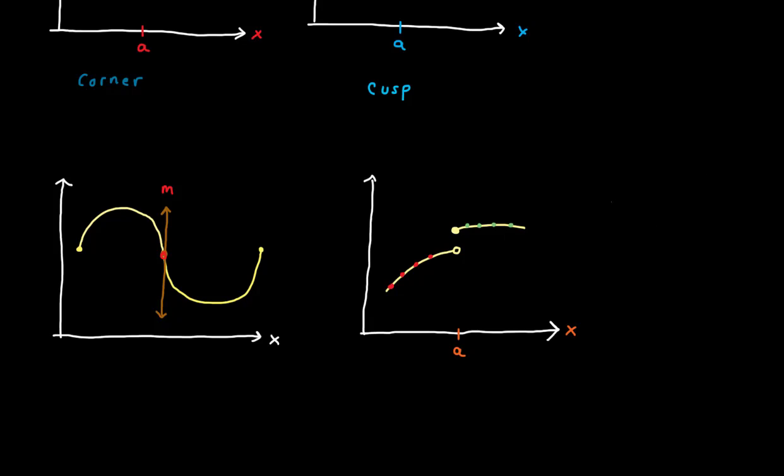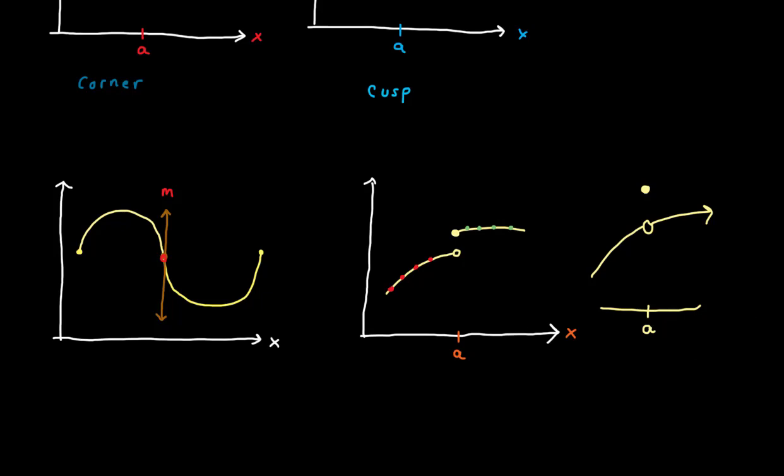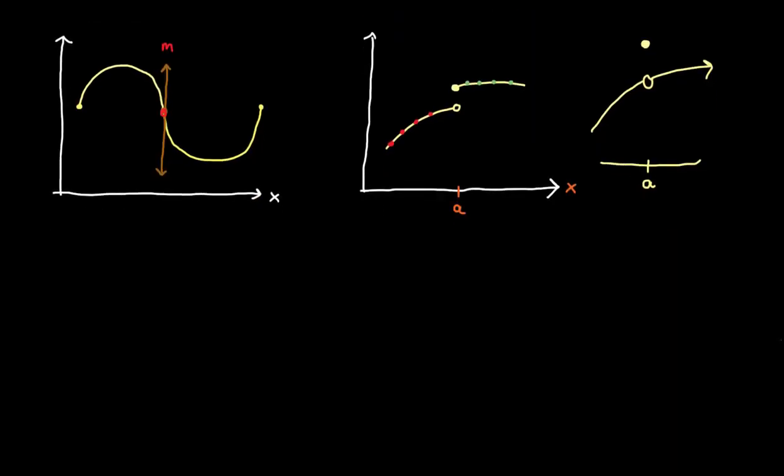And that could be true if the function did something like this with a hole, a removable discontinuity. We would also say that at the point x equals a here, this function does not have a slope. So if the function is not continuous, then the function does not have a slope at x equals a.